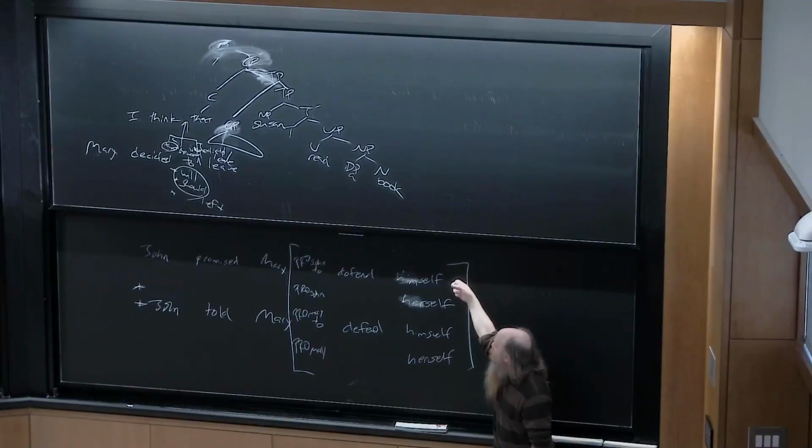Well, the answer is yes here, because himself gets to be bound by that pro, John. It refers to John. And so himself can be John. It can't be herself because the pro is John. It's not Mary. Whereas when the higher verb is told, then the pro is Mary, and so now himself is bad because himself can't refer to Mary, and herself is good. You can get bound by Mary.